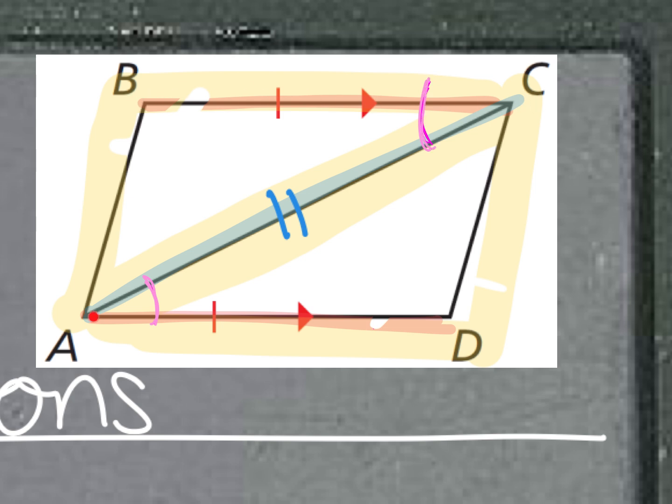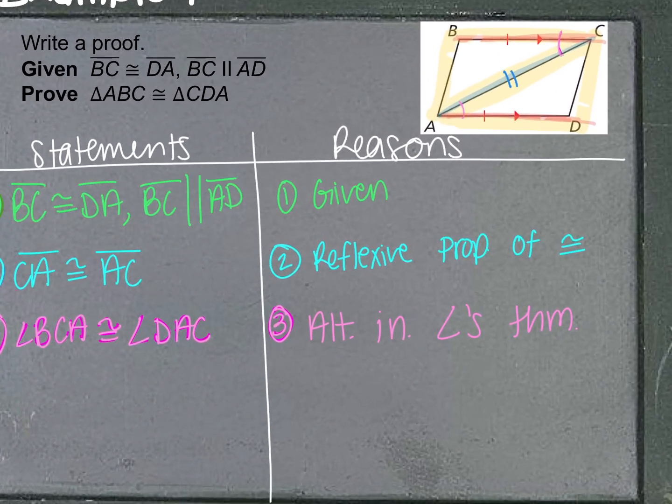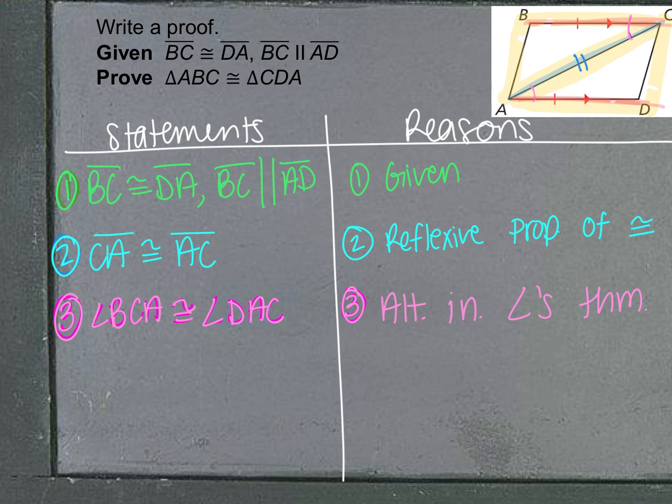Here's one. Here's two. That's what I highlighted in red. Those parallel lines are then cut by a transversal, which is A and C, which then makes those angles alternate interior.